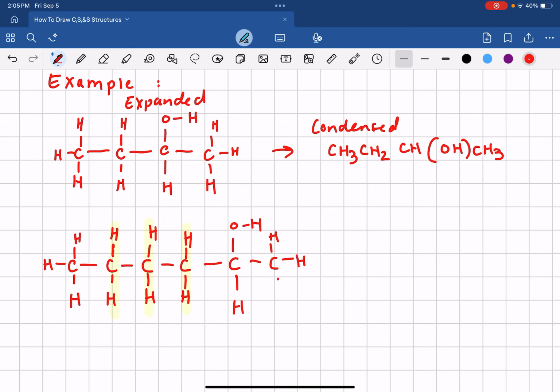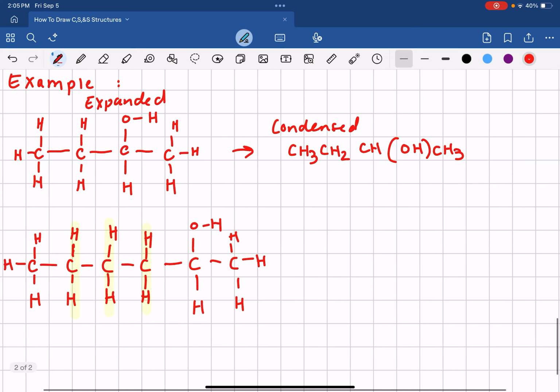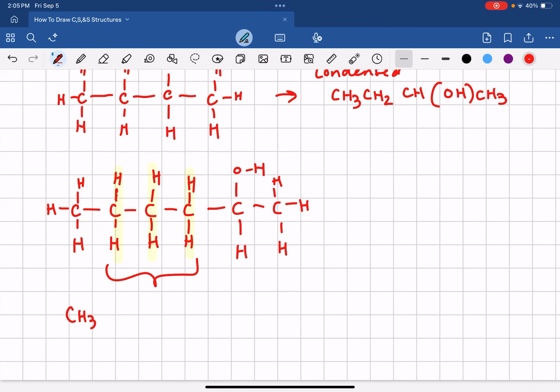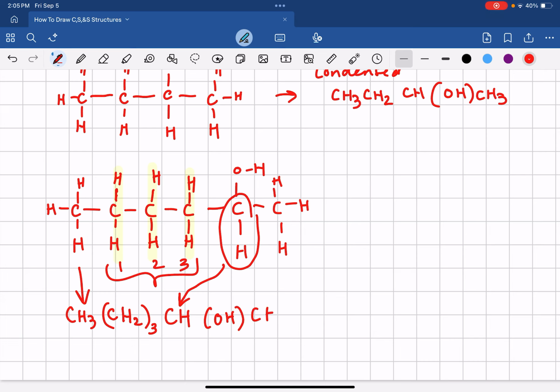What the parentheses can be used for is to condense this. So we can say CH3, CH2, parentheses, with a subscript of 3. Again, we can do CH, because that's what this molecule is, CH, parentheses OH, and a CH3. This is my condensed structure.